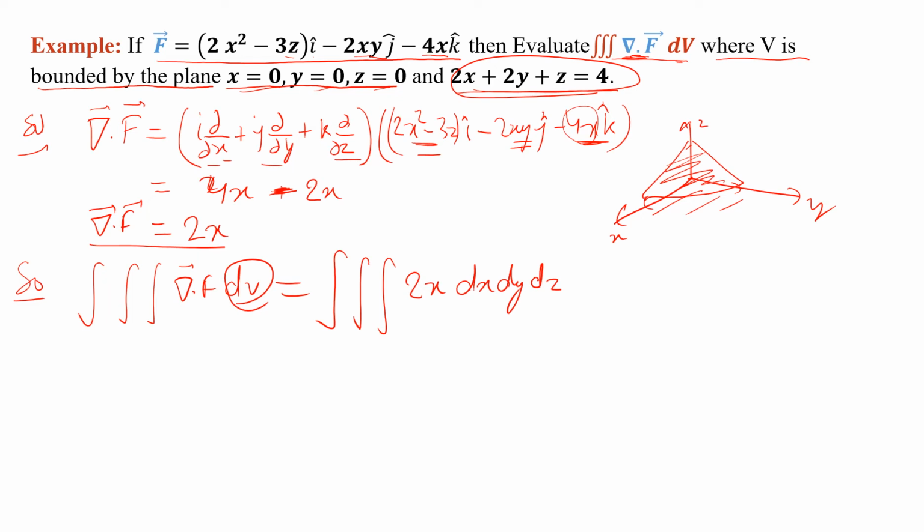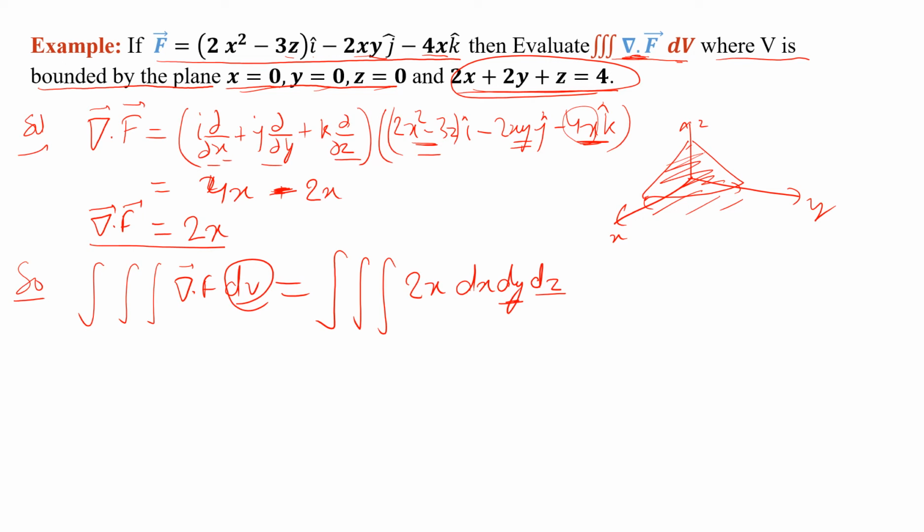In the order of integration, we take the limit of z in terms of x and y, the limit of y in terms of x, and for x we take constants. You can also change the order.